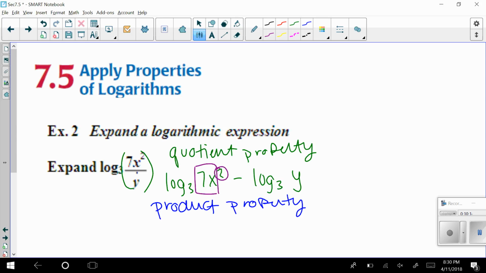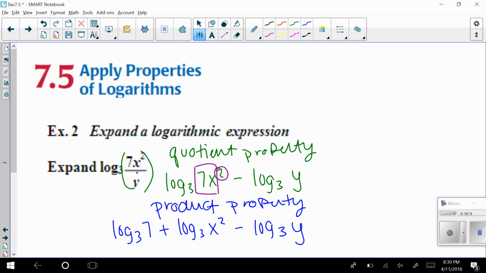And with this product property, we're going to say log base 3 of 7 plus log base 3 of x squared minus log base 3 of y.